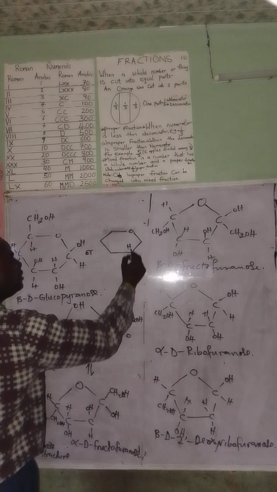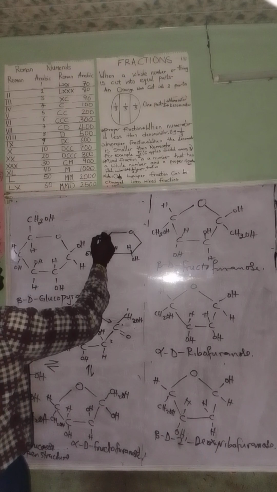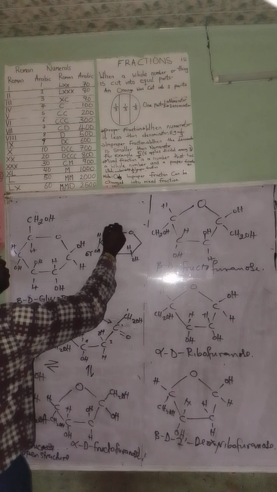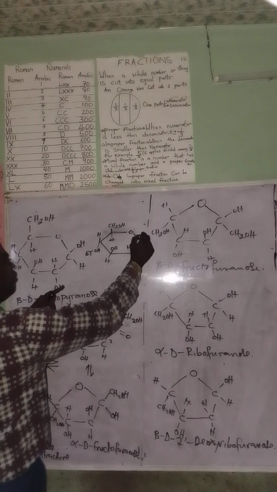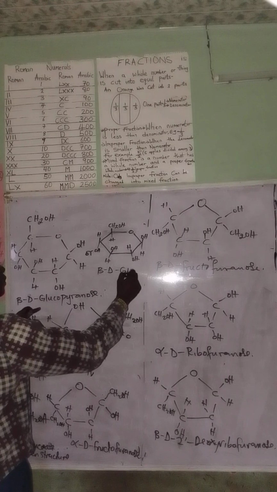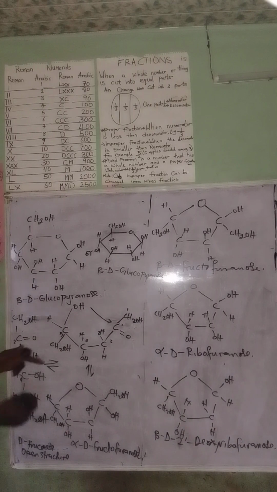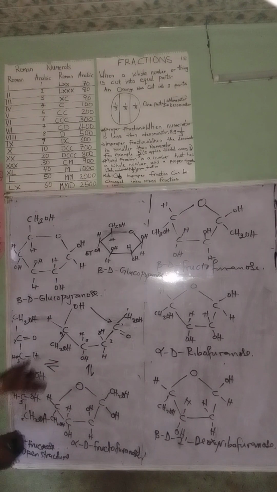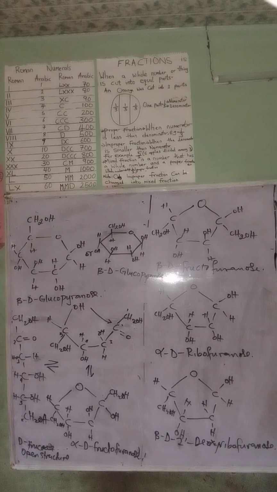So we have hydrogen, OH, you have OH, hydrogen, then here I have hydrogen, OH, then here I have CH2OH, and I have H. So then if I have my OH up, my H down, you see beta D pyranose. So that is that. So this one I can also have it as what?